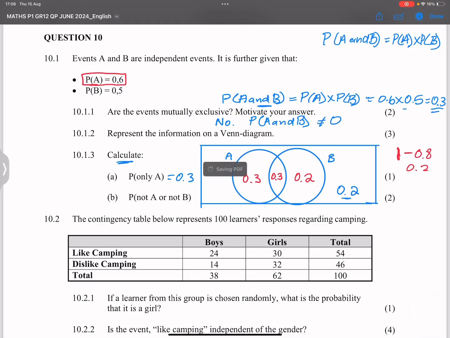You can say this is 1 minus all the things we added there, 0.3 plus 0.2 plus 0.3. In this case, that would give us 0.2. And this is it right here. Ladies and gents, that is really how the cookie crumbles there.